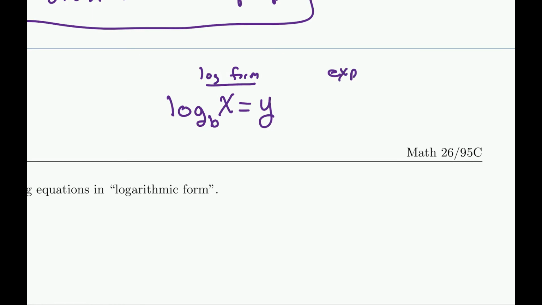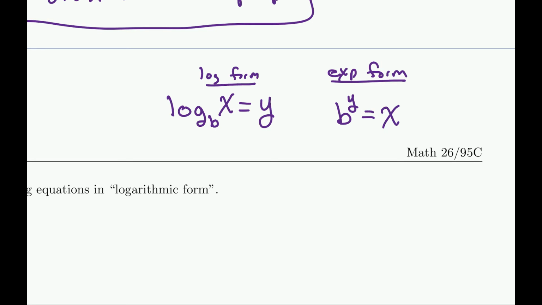And exponential form that says the same thing would be, well, the base is still b, the exponent is y, and then this is going to be the result. So b to the y equals x.